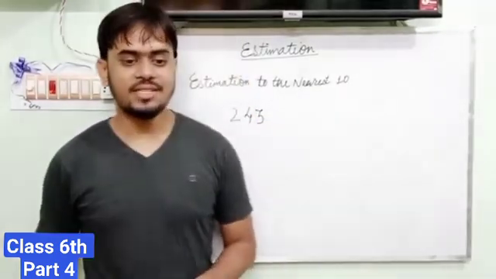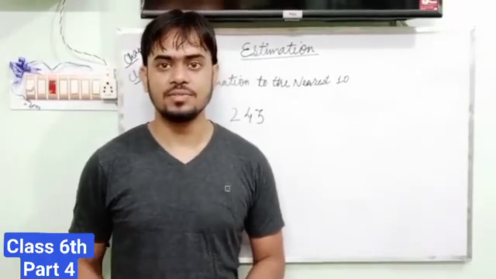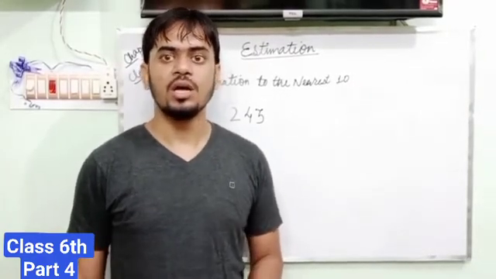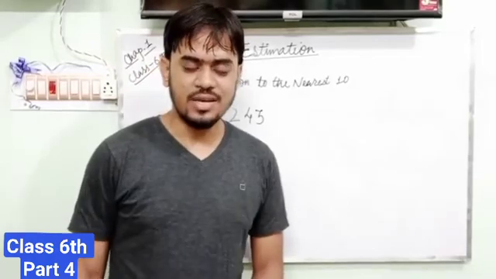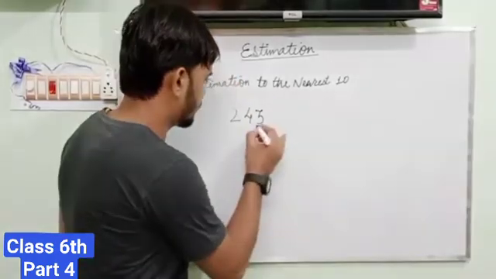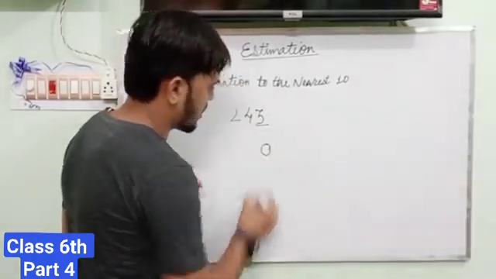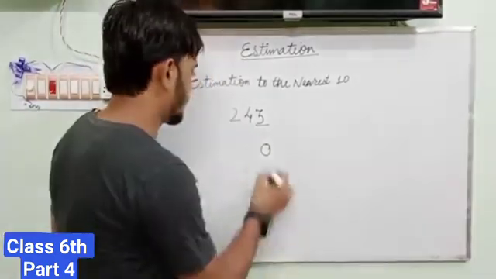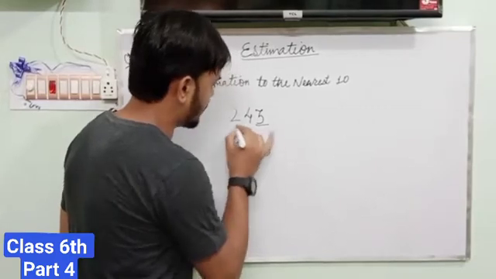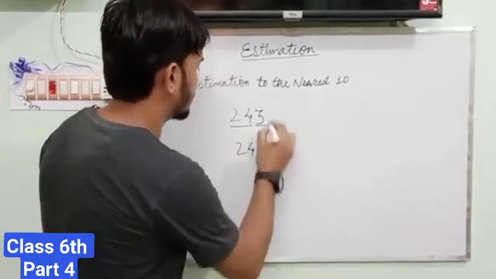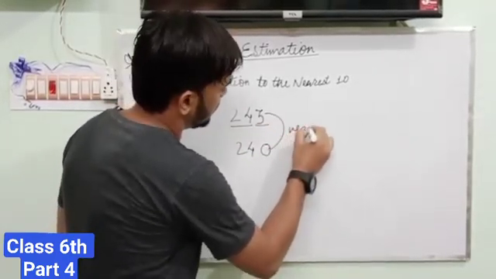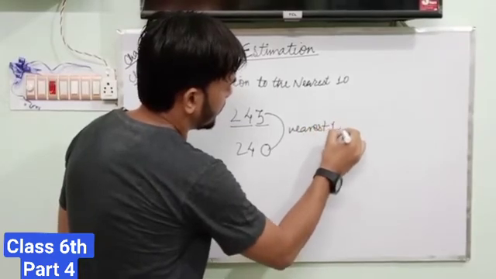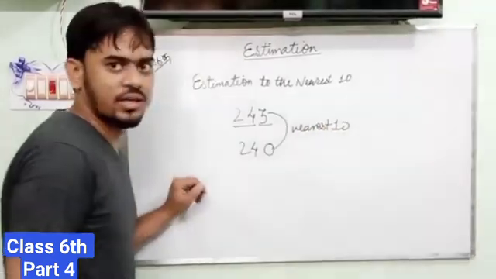Step 2: if the digit at the ones place is less than 5, like 1, 2, 3, 4, then replace it by 0 and the other digits remain unchanged. The other digits 2, 4 are unchanged. This is the nearest 10 of 243.